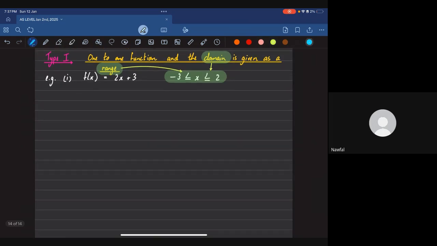Simply, if you want to find the range of this, put extreme values of the domain into the function.